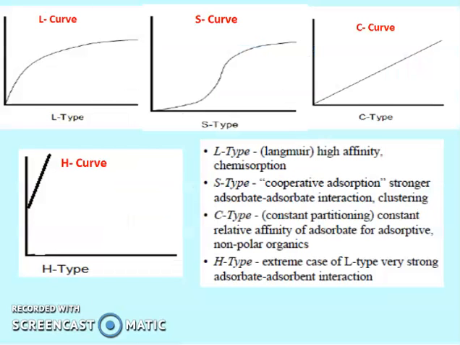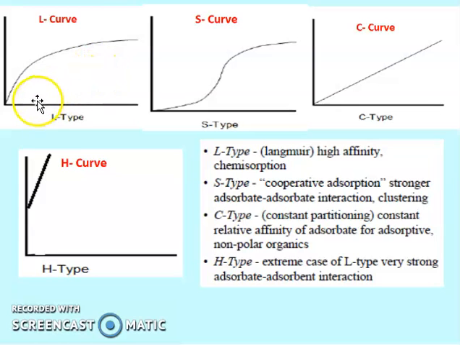The first shape is called the L shape. What does L shape mean? It means that the adsorbent has a high affinity for the adsorbate at low concentration, while it has a low affinity at high concentration. Why at high concentration?